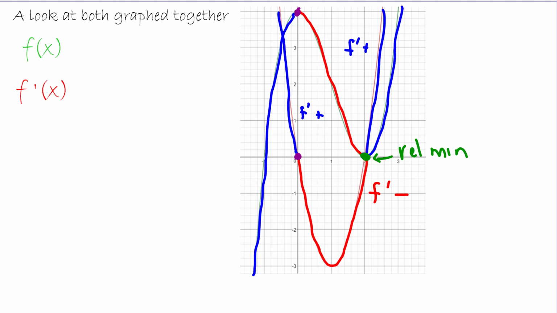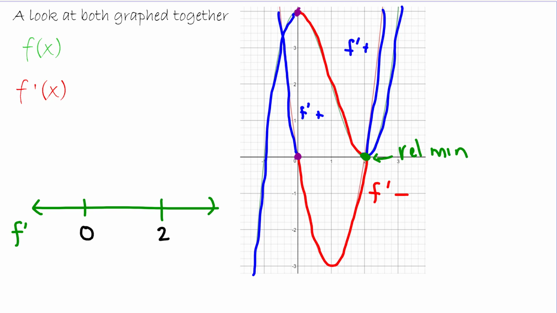One thing that's really nice to do when you're looking at the graph of f prime is to go through and say, where is f prime 0? Because that's going to affect where f has some special features, relative max and mins. So f prime is 0 at 0 and at 2. On a number line, I write down that at 0 and 2 there are these things we call critical values.